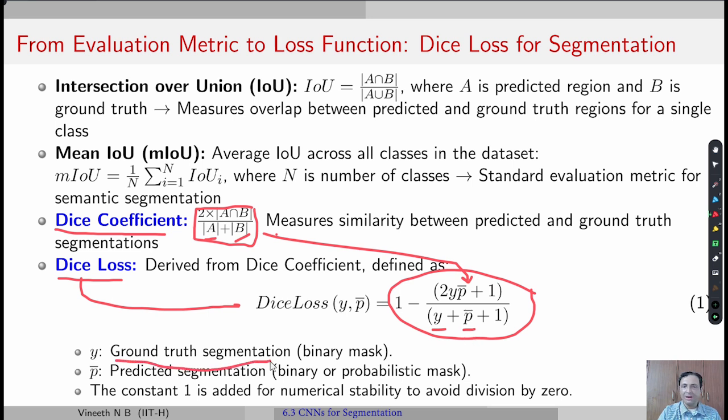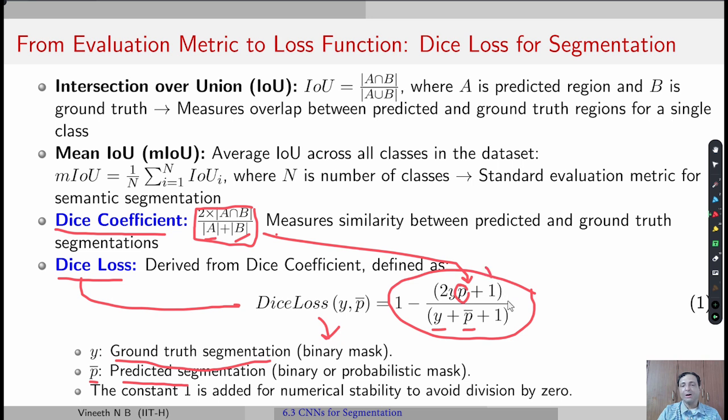segmentation, once again a set of pixels which we write out as a binary mask, which means we just have zeros and ones for that particular ground truth segmentation mask. And P here corresponds to the predicted segmentation mask, once again a binary or a probabilistic mask. So obviously where y is 0, the corresponding probability will not have a value. Where y is 1 is where it will have its value.